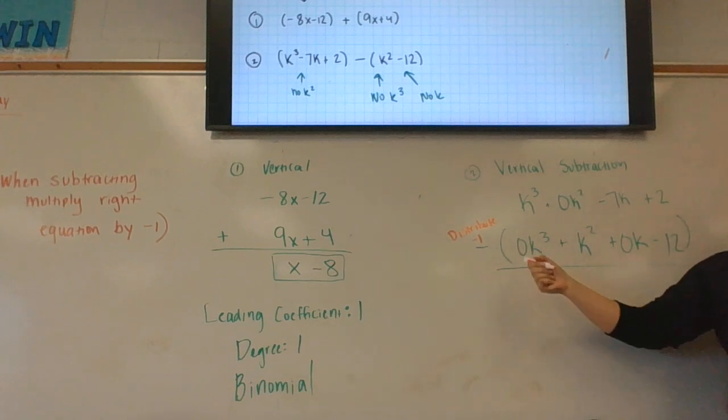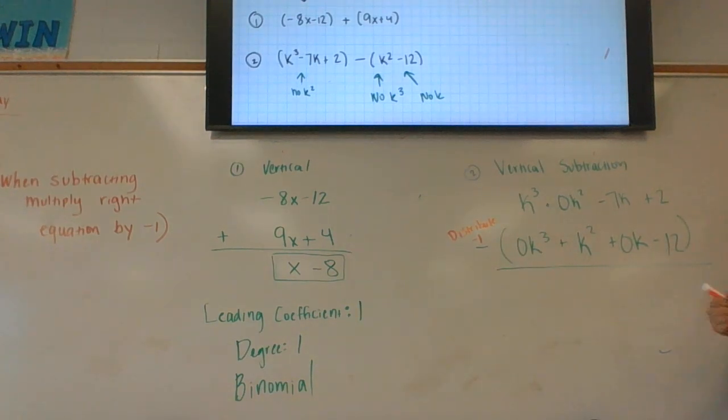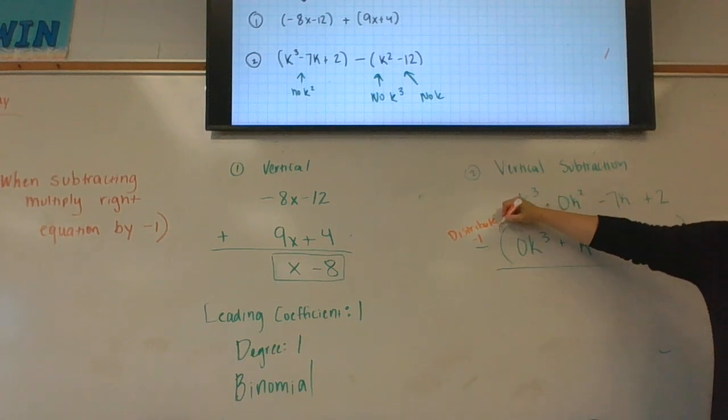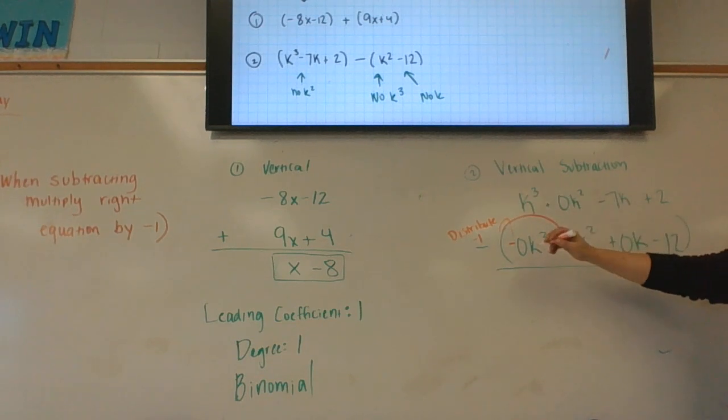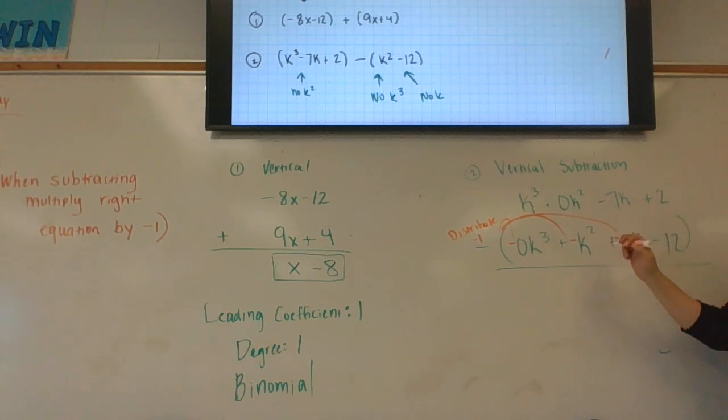So because there's a minus sign, we're going to distribute that to all of these down here. So that's going to be negative, negative, negative, and a negative times a negative is going to make that one positive.